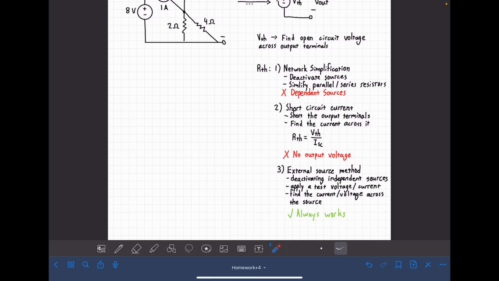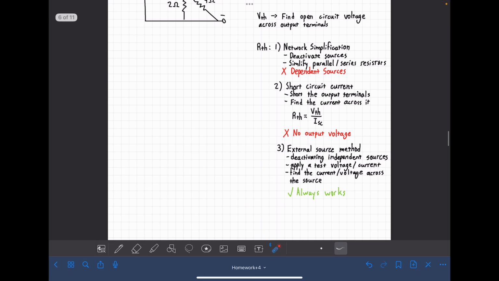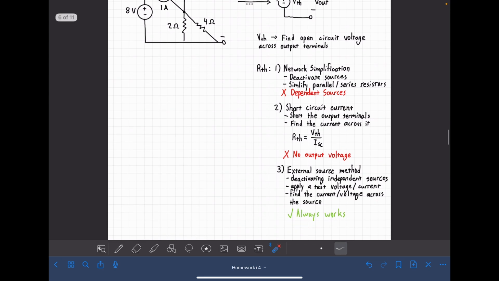If there's no output voltage, then it's a no-go. And finally, the external source method is probably the most complex, but it always works. So I'm going to go and do a couple examples of these.